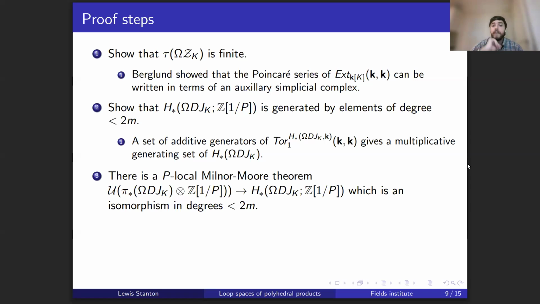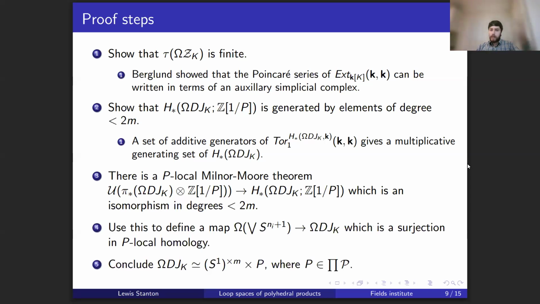But the point is that combining 2 and 3, we can start to define maps from spheres, which will hit these multiplicative generators. And these will then have an extension up to the loops on a wedge of spheres. And because these are multiplicatively generating the loop homology, you'll obtain a map which is a surjection in p-local homology. And in particular, on the right-hand side, by the Hilton-Milnor theorem, this would decompose as a product of looped spheres.